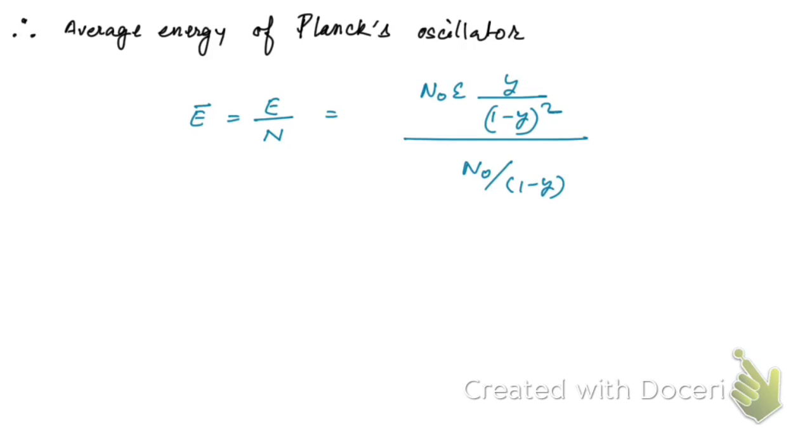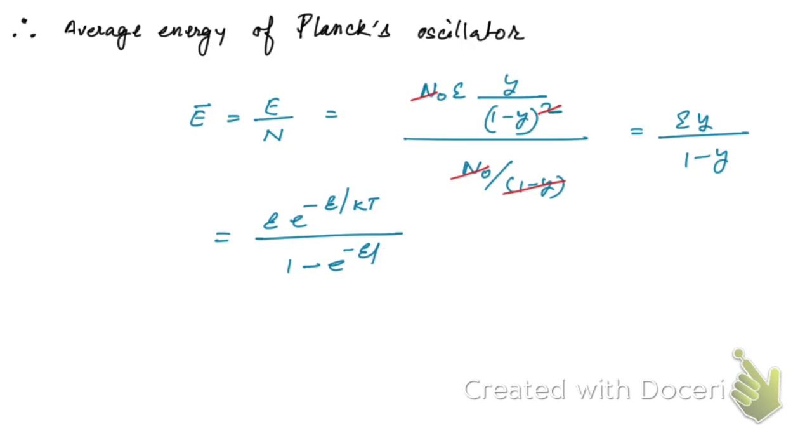Now if we simplify this, N naught will cancel, and then we have got this expression. Then we put the values of epsilon and y equal to e to the power minus epsilon by kT, divided by 1 minus y, again replaced by e to the power minus epsilon by kT.